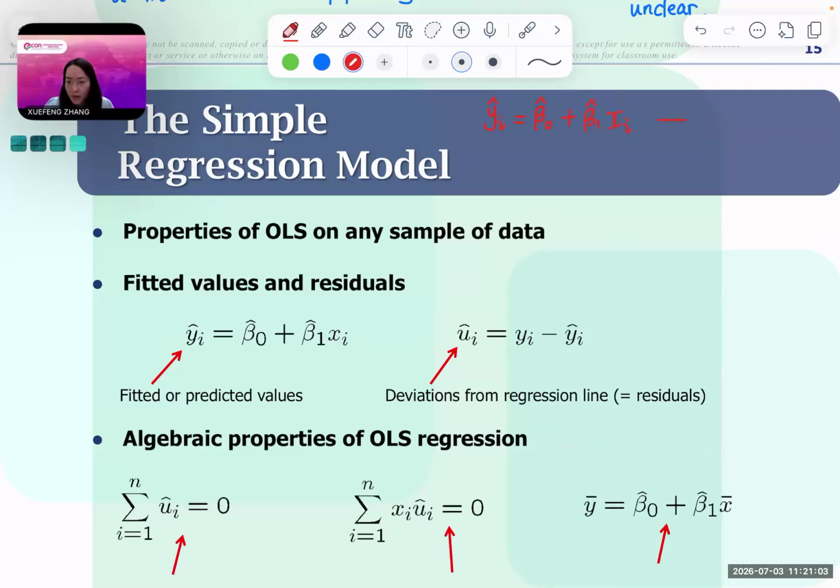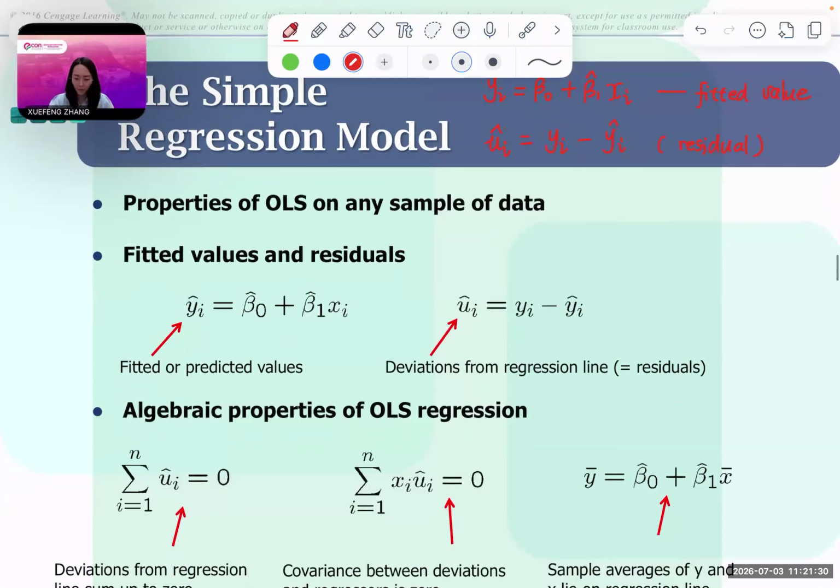Here is our fitted value. And then we have mu_i hat equal the true y minus the fitted y. This is our residual. Nothing new here, we saw this before. So here we have our fitted or predicted value y_i hat, and here is mu_i hat, or the deviations from the regression line, the residual.